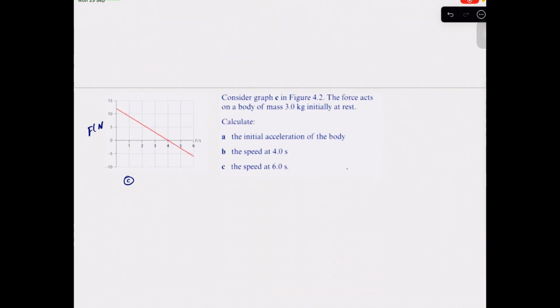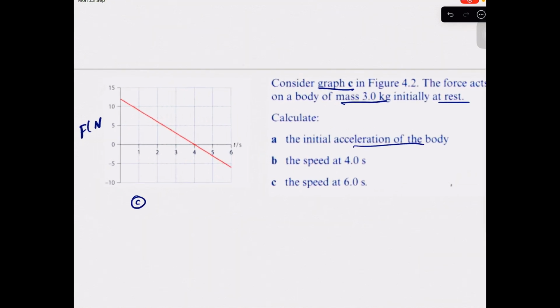In this example, consider graph C, the force acts on a body of mass 3 kg initially at rest. Calculate the initial acceleration of the body, the speed at 4 seconds and the speed at 6 seconds. To find the initial acceleration, as you can see in the graph, the force is varying with time, so force is not constant.